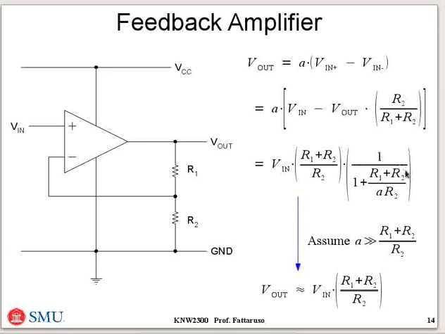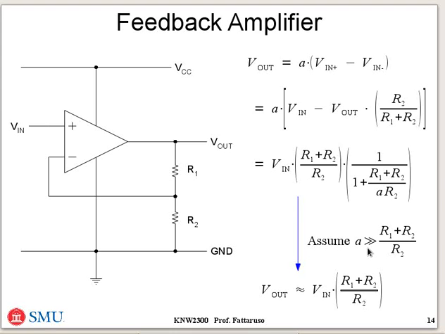Now this may look like a little bit of a mess, but recall that the data sheet of the op-amp guaranteed that the voltage gain factor of the basic op-amp itself was very, very large, at least 25,000, typically 200,000, maybe even more.